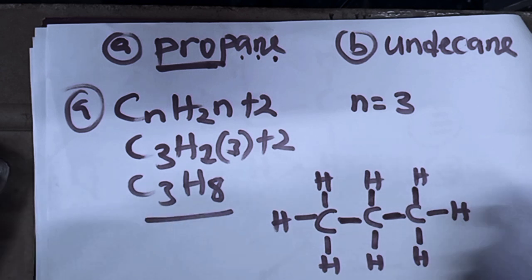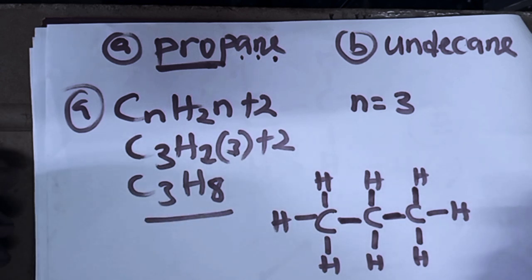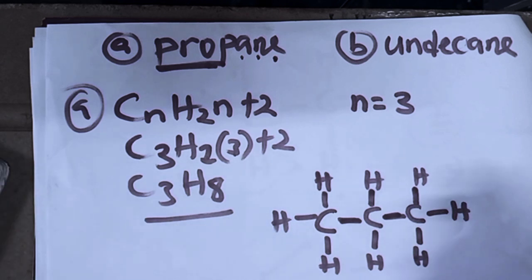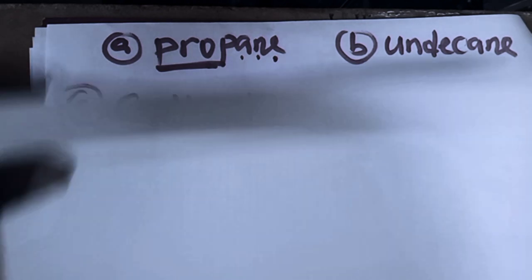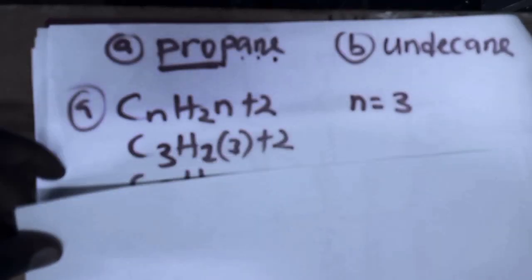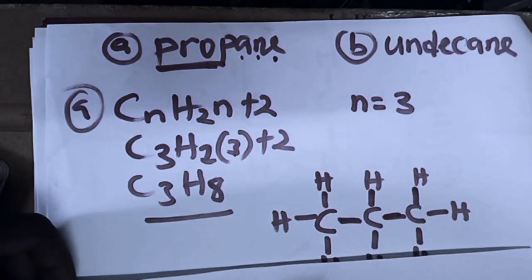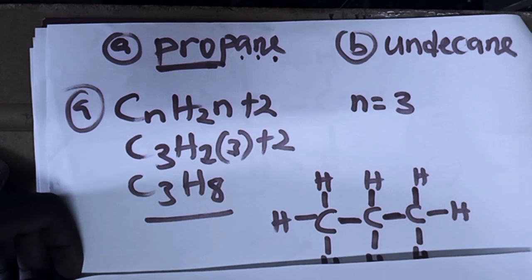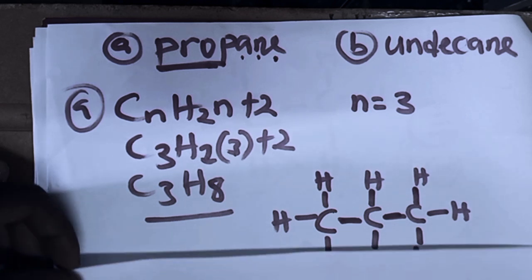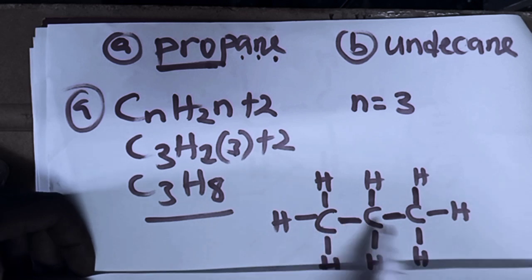Okay? What is remaining now? It is the skeletal. How do you come about the skeletal? Having what we've done here, the skeletal will only show carbon. So how many carbons are you having? 1, 2, 3.